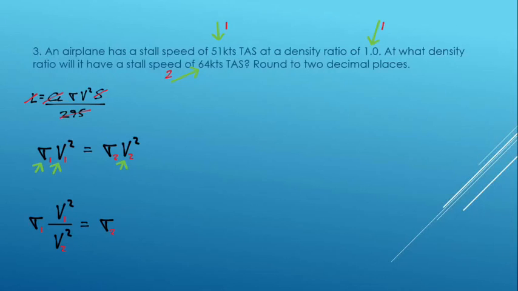So that's just algebraic manipulation for the unknown on one side of the equal sign. Plug in values. Density ratio is 1 in the original condition times velocity of the first condition squared divided by the velocity of the second condition squared.